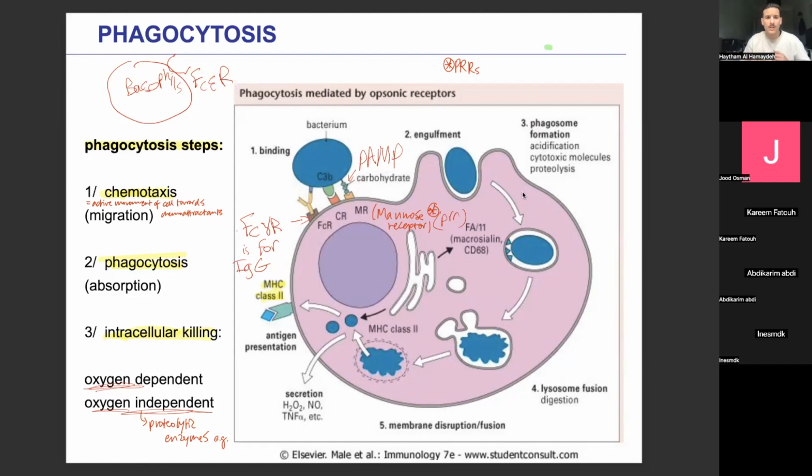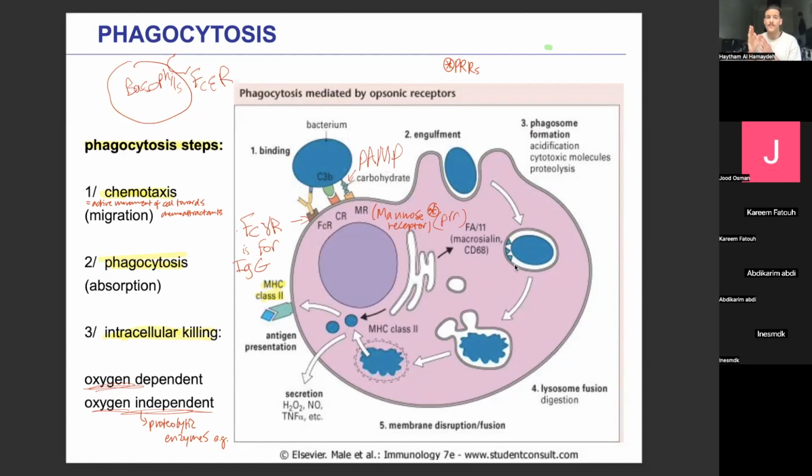Okay, let's continue. And so now we have MHC2, and this is used to antigen present, to activate more cells, okay? Okay, the next thing that they wrote here is the intracellular killing. This is just what I just said inside. It's the binding between phagosome and lysosome, which contains ROS species or lysozymes or enzymes within the lysosome.